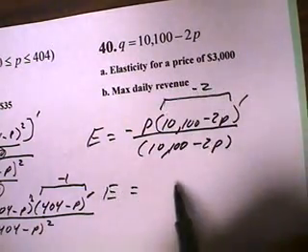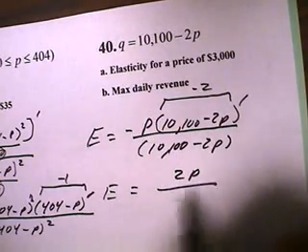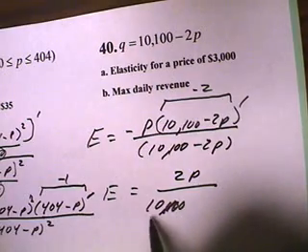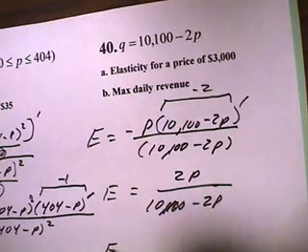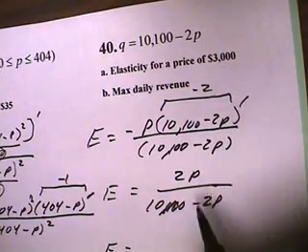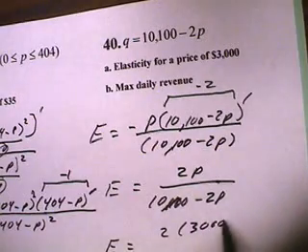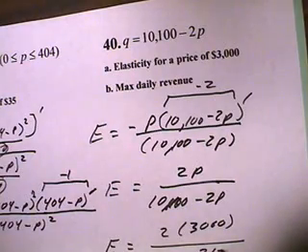So we end up with a -2 times a -p, which gives us 2p all over the denominator of 10,100 minus 2p. And now we'll put in a price of $3,000. So it'll be 2 times $3,000 all over 10,100 minus 2 times $3,000.